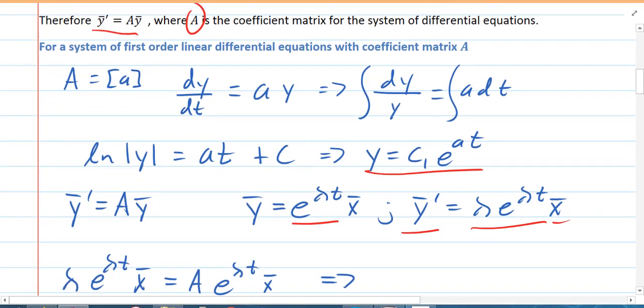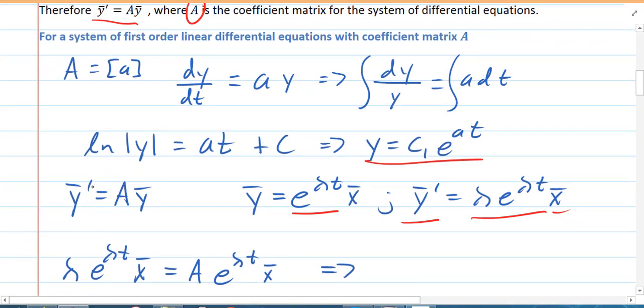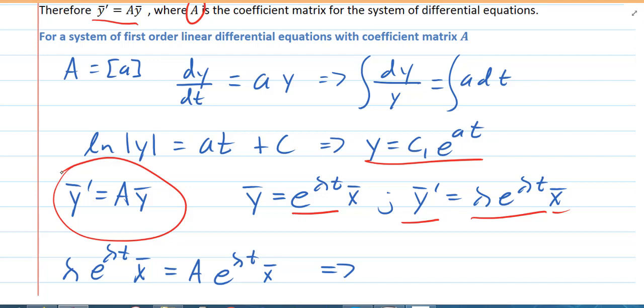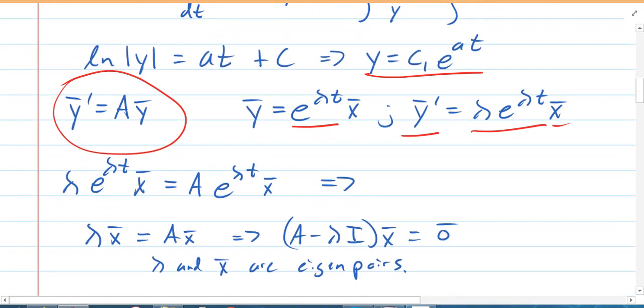All right. So now I'm going to take those two things and substitute them back in here. So y bar prime is lambda e to the lambda t x bar, and A y bar is A times e to the lambda t x bar. So now what am I going to do? I can just divide those out, and that gives me lambda x bar equals A x bar.